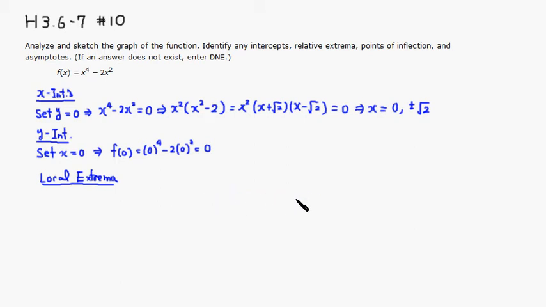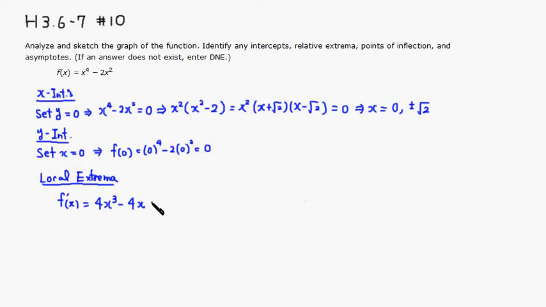So first we take the derivative, f prime of x. Just a power rule, so it's going to be 4x, subtract 1 from the power, so it's cubed, minus 4x to the first power.